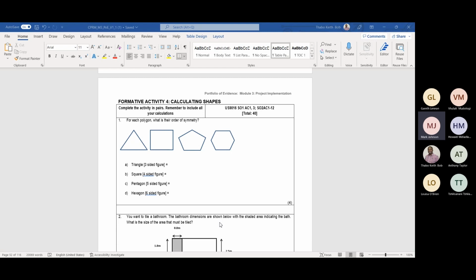Do we agree that's a right angle triangle? Why is it important? Do we agree that the angle between the 20 centimeter side and the 34 centimeter side is 90 degrees? Yes. Okay.